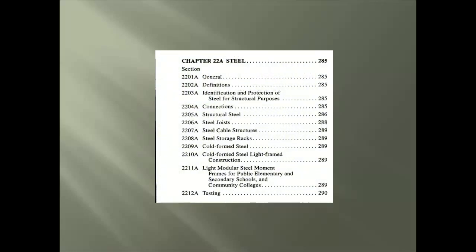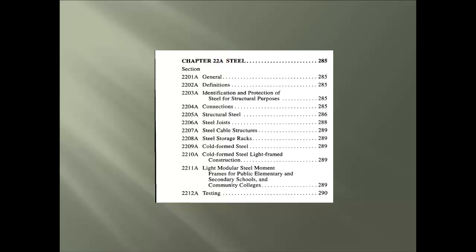We now move to Chapter 22, Steel. Here, as we saw in Chapter 17, there are 2 different versions of the chapter for steel. If you are working with DSA or OSHPD, you will need to follow this table of contents, and the A distinguishes the difference.